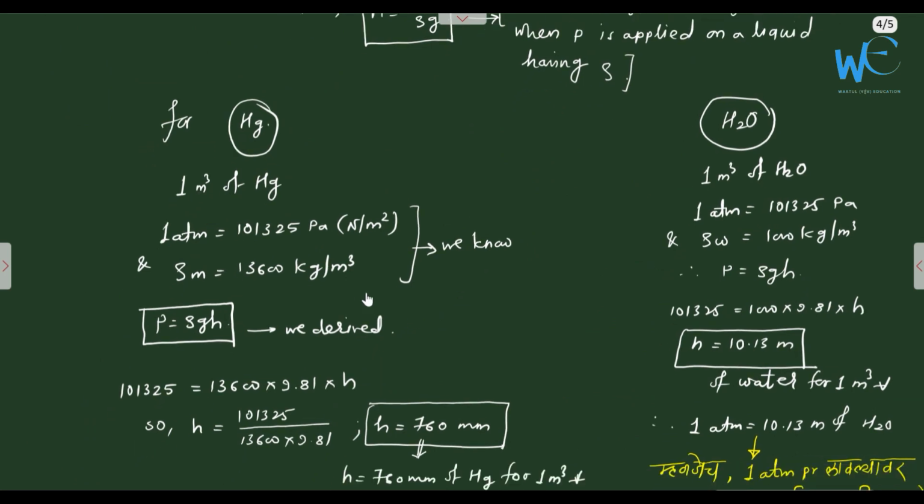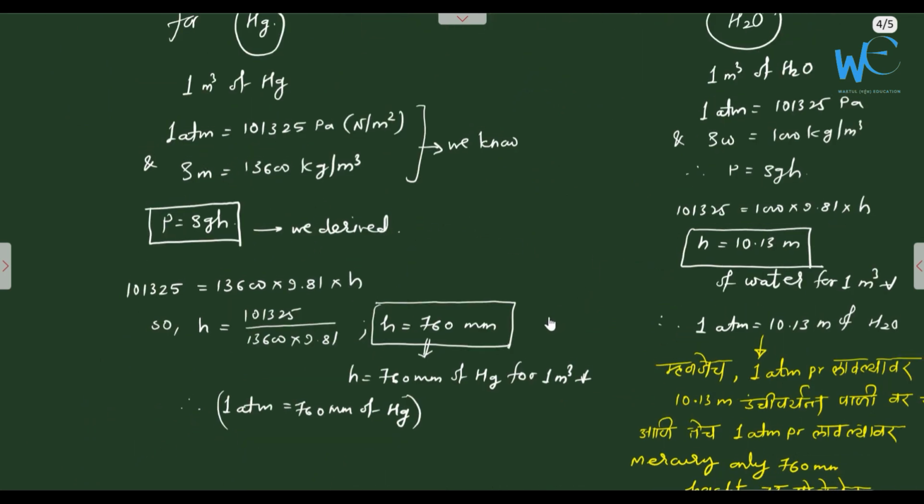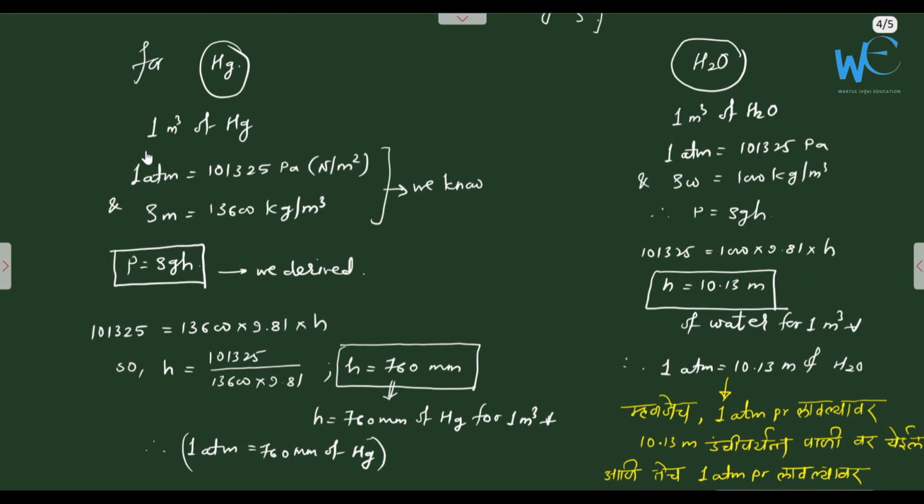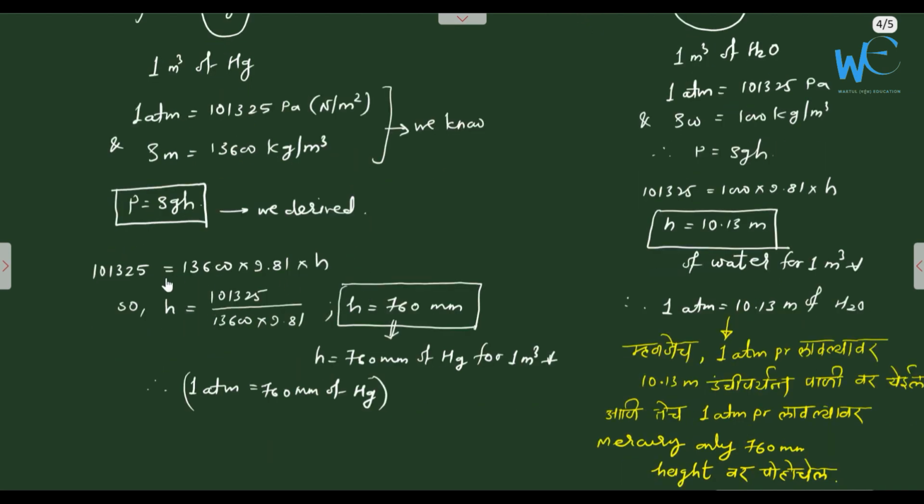So if I further calculate for mercury, if I assume mercury having volume of 1 cubic meter, we already know 1 atmospheric pressure is 101,325 Pascal, and mass density of mercury is 13,600 kg per meter cube. These two things we already know, and we just derived the formula, pressure is equal to rho gh.